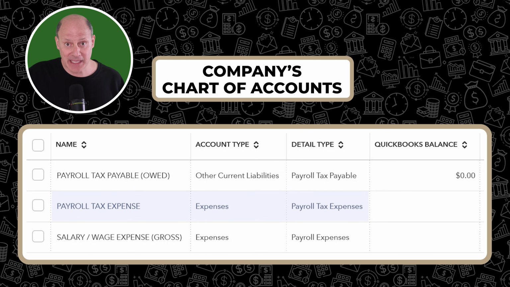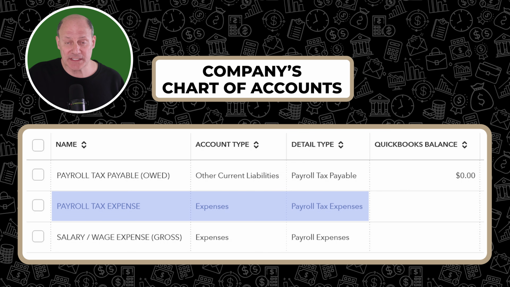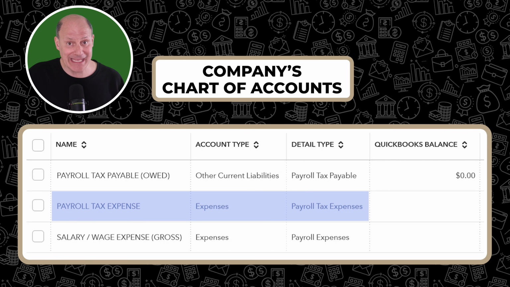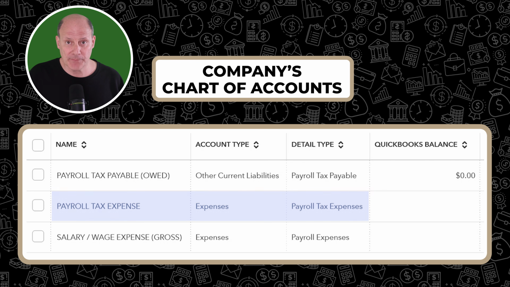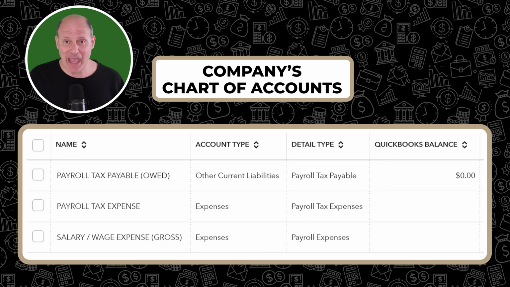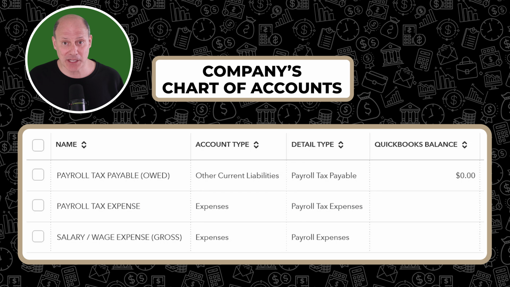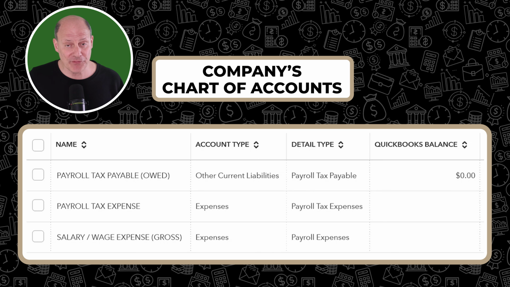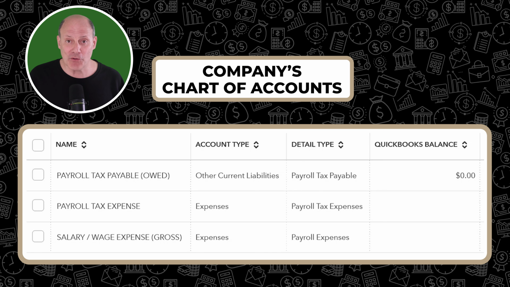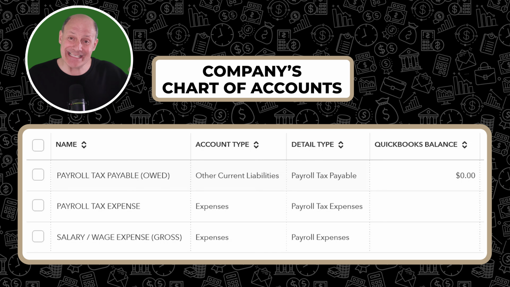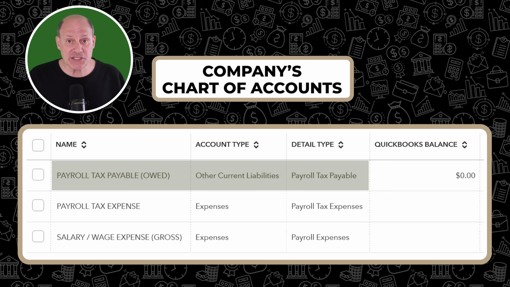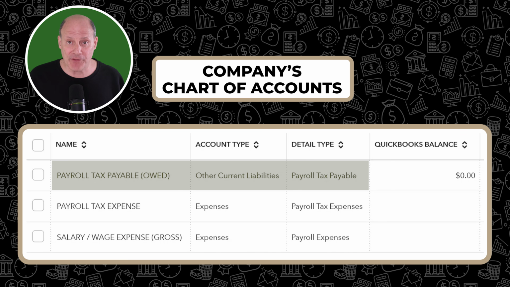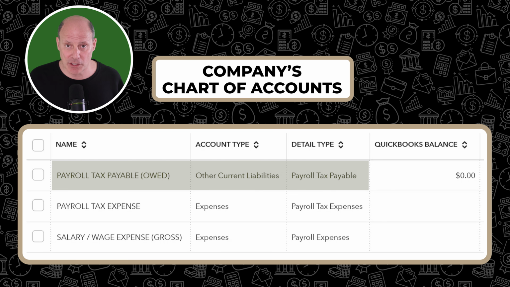There's the expense account, which actually shows the amount of expense the company incurred or acquired when they paid their worker. But of course, the payroll tax does not get paid to the government at the exact moment the worker gets paid. So therefore, the company needs a second account in the chart of accounts just to record what's owed to the government in payroll tax at the moment the company pays the worker.